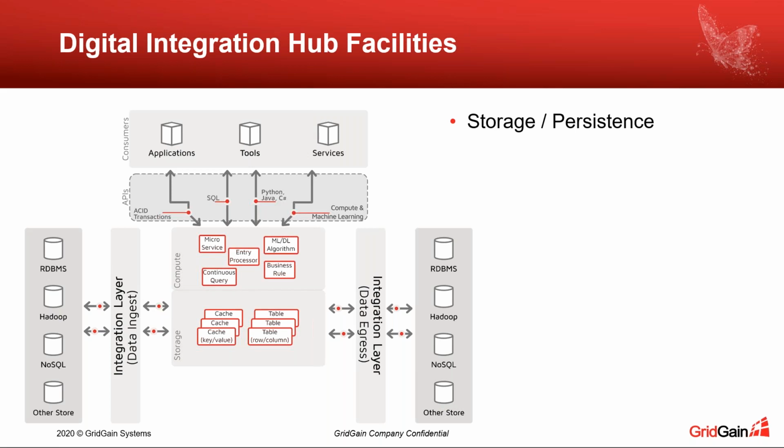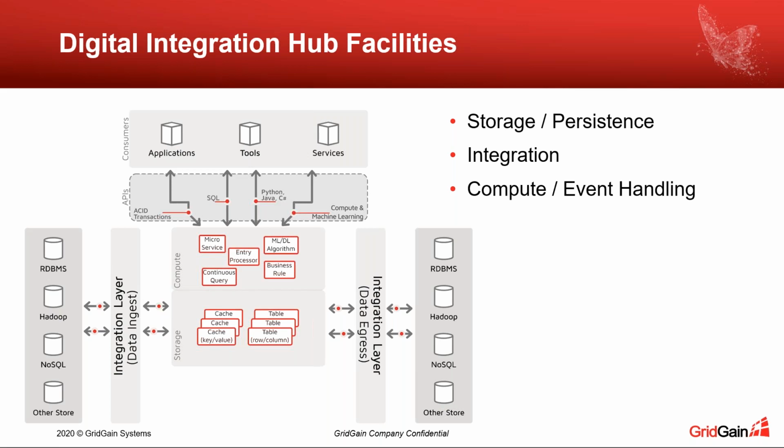Storage, and Ignite is primarily known as a distributed in-memory data grid or in-memory database, but there's more to it than just storage. It has an ecosystem that provides a wide array of facilities to support data ingest and data egress from source to target systems.